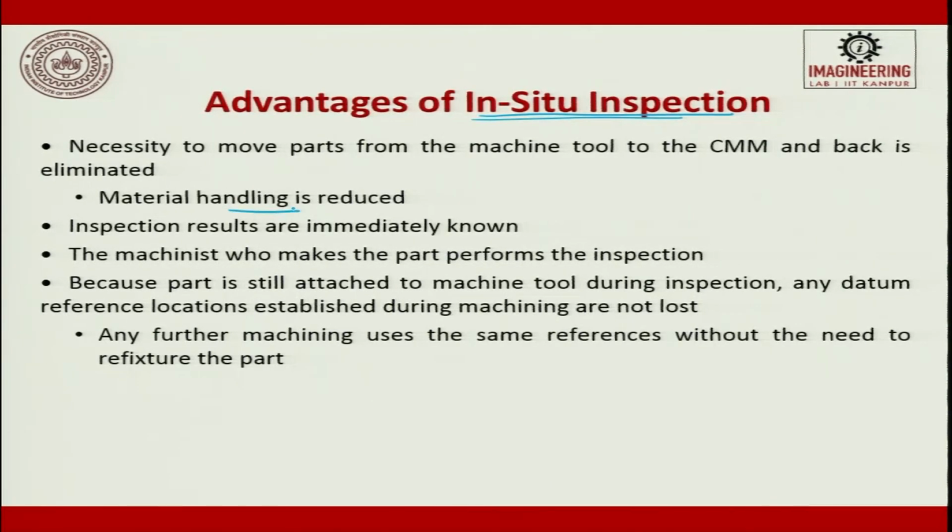So, the material handling time is reduced, and locating and relocating the workpiece every time is reduced. In situ inspection gives a big advantage in reducing the time and also gives accurate data. Inspection results are immediately known. The machinist who makes the part performs the inspection, so he is aware of everything, and the part is still attached to the machine tool during inspection.